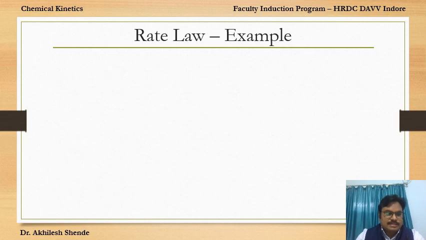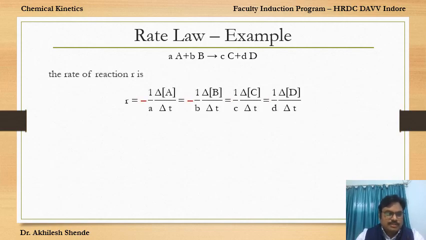Let's take another example from the previous lecture. The rate of reaction for this reaction is r equal to minus 1 upon a, dA/dt, equal to minus 1 upon b, dB/dt, equal to 1 upon c, dC/dt, equal to 1 upon d, dD/dt.